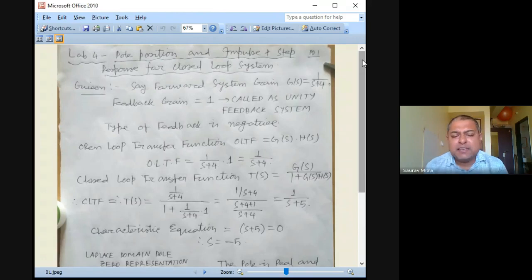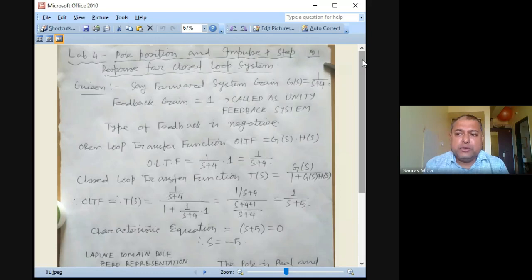Something like that is in your list of experiments, that is, finding the roots of the denominator or the roots of the characteristic equation, and then from there finding the stability. All those things are there in some experiment, I think experiment number 6 or something.